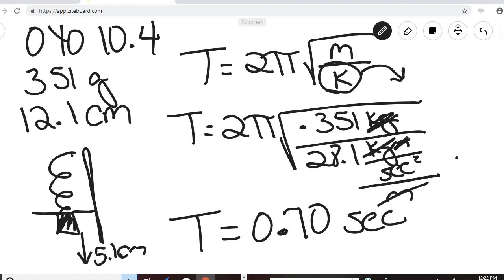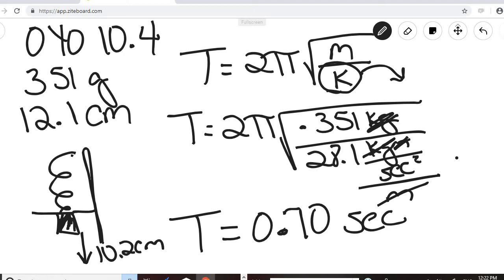Okay, then let's look at 10.5, because 10.5 says if instead of pulling it down 5.1 centimeters, what if we pulled it down 10.2 centimeters? Then what would the period be?